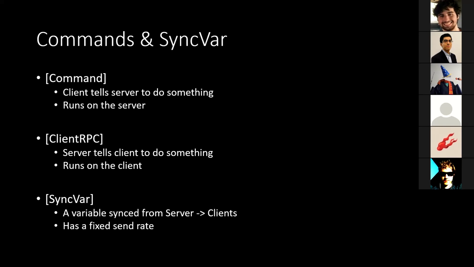Well, maybe not a timer, but for health and scores. You can have the health change on the server, and then you don't need to use a client RPC to tell the player that their health changed, because it'll update with the sync var. Sync vars only work from server to clients. You can't have a client sync var to the server. That's just one of the caveats with that.